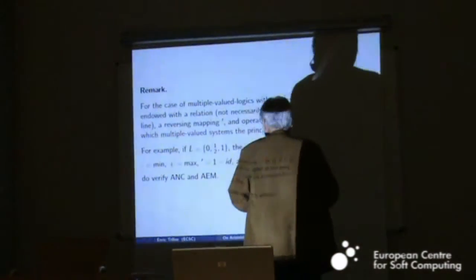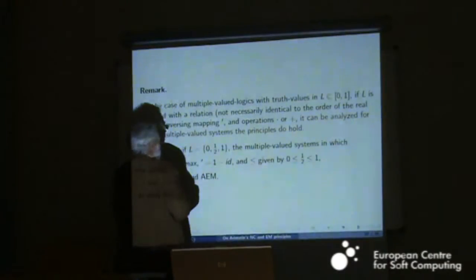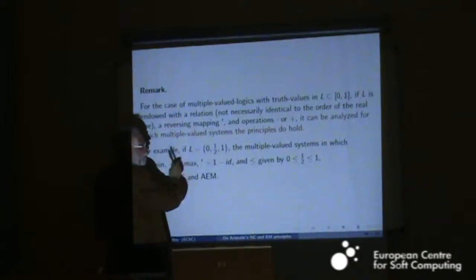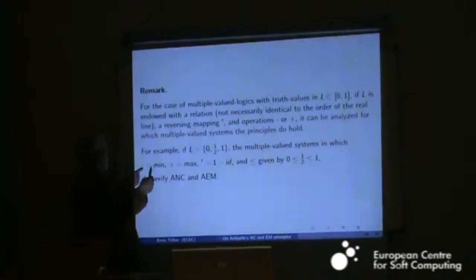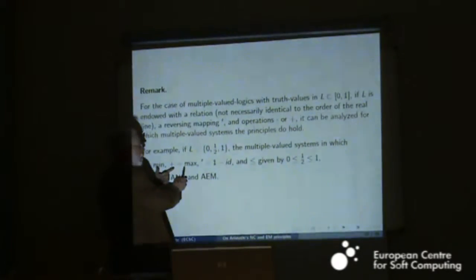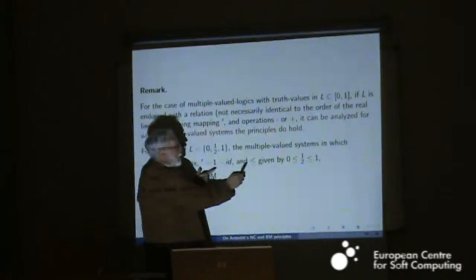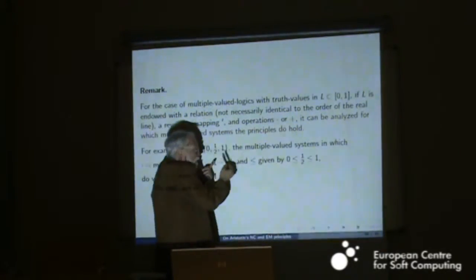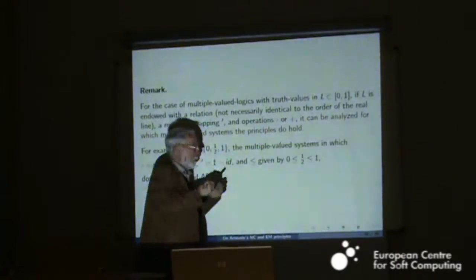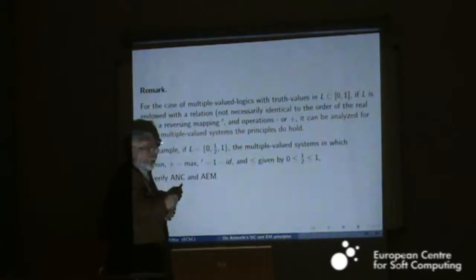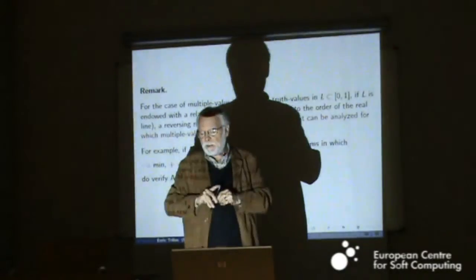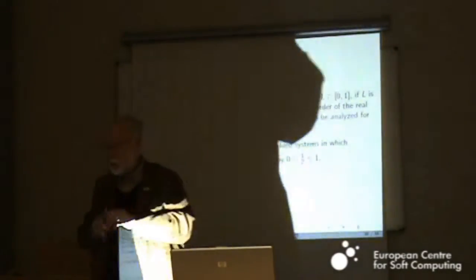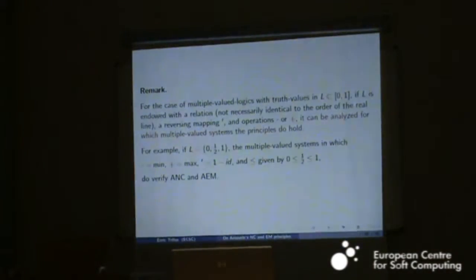For example, the classical system, the first one that Lukasiewicz defined, has this set of truth values, intersection with min, union with max, negation with 1 minus x, and the order of these elements is just the order in the real line. Of course, in this case, you have non-contradiction and excluded middle. What happens with other systems of multiple value logic deserves a close study.